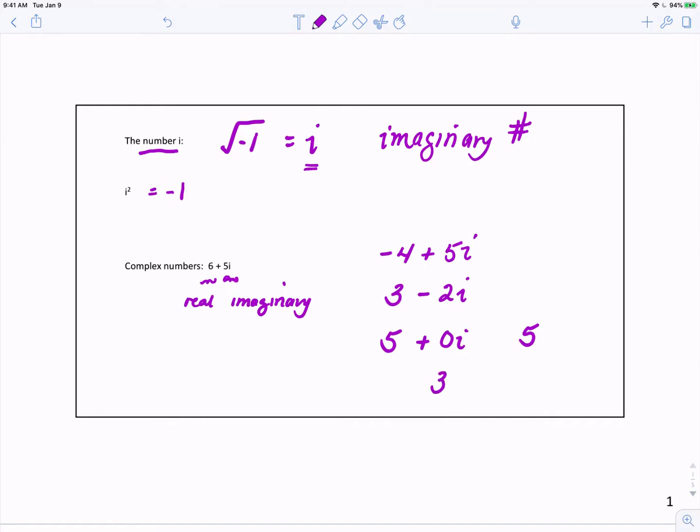Or if we see something like 3i, that's also a complex number because we could write that as 0 plus 3i. If we see a number of the form 3i, we often call that a pure imaginary number, because it only has an imaginary part, not a real part.